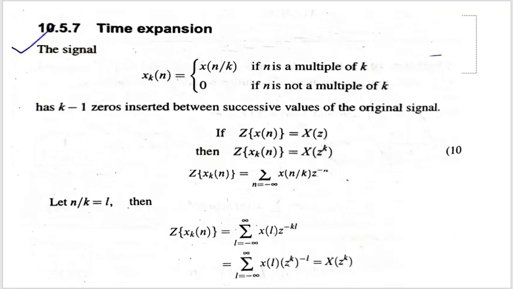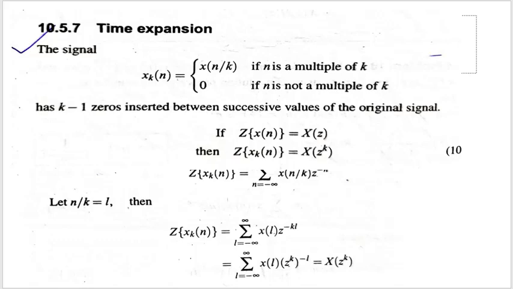Here is the seventh property, which we will start discussing in today's lecture. It is time expansion. Time expansion and time compression are the two parts of the time related operation that we have seen in the first unit, wherein time expansion tells us that if the intervals are divided, then it will be expanded.